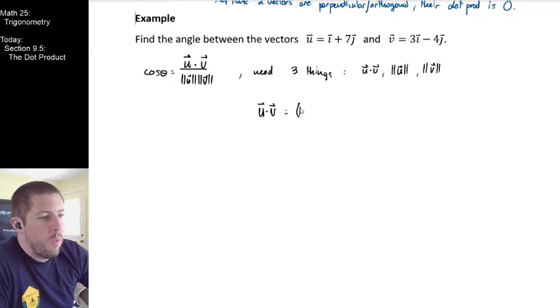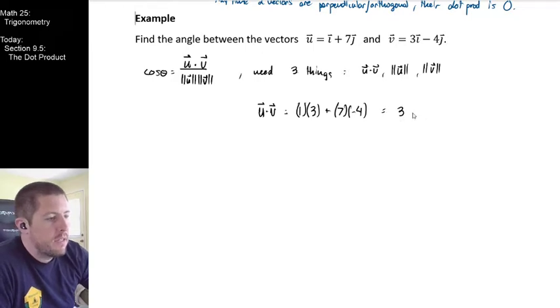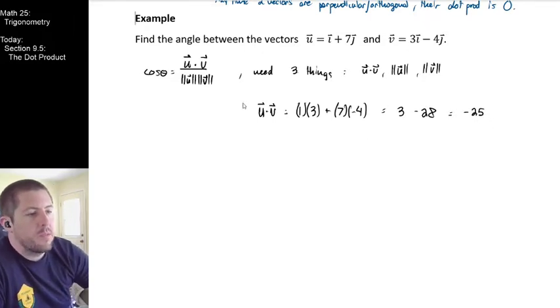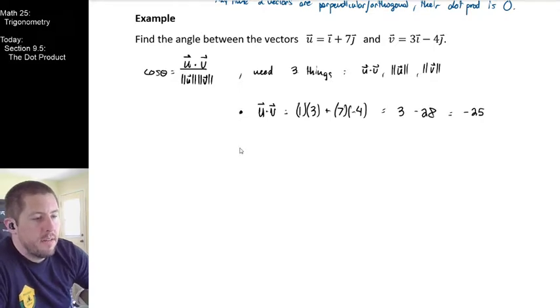So I'm going to get 1 times 3 plus 7 times negative 4. That's going to give me 3 minus 28, so the dot product is negative 25. That's one piece of information that I needed.